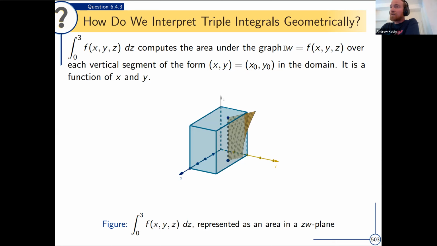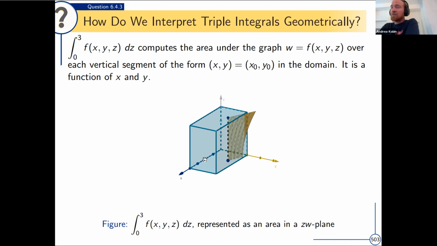It's now not a curve since we're 1 dimension higher, it's a surface, and computing the area of that cross-sectional surface of w equals f will give us the value of this integral. And we can vary the x and y that we put into this formula, and that will give us different cross-sections, and each of those cross-sections has a different area.